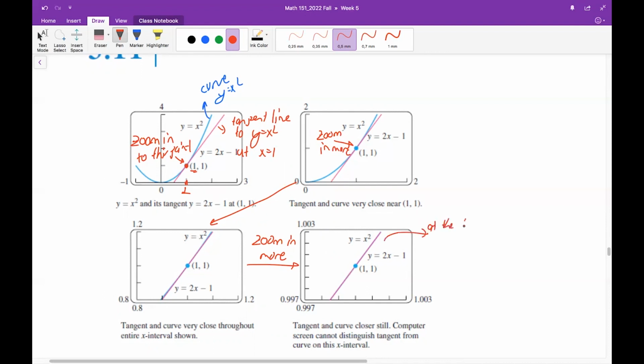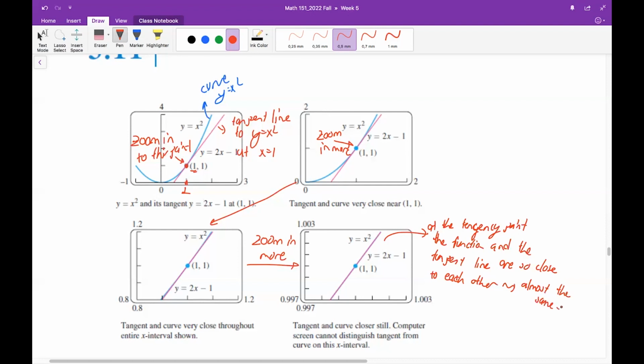At the tangency point, the function and the tangent line are so close to each other, and we can say that they are almost the same with a very small error.